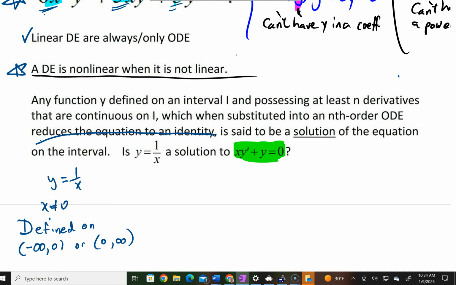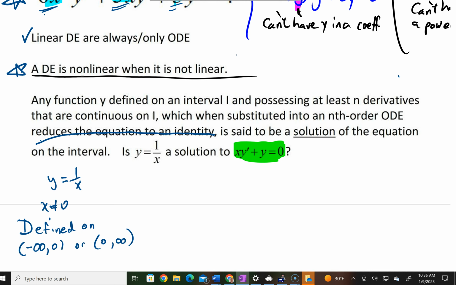With continuity, you could say either my function is going to be defined from 0 to infinity or from negative infinity to 0. So let's go ahead and see if this really is a solution.